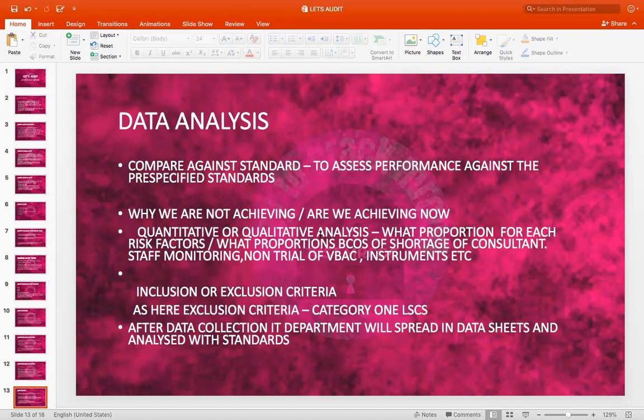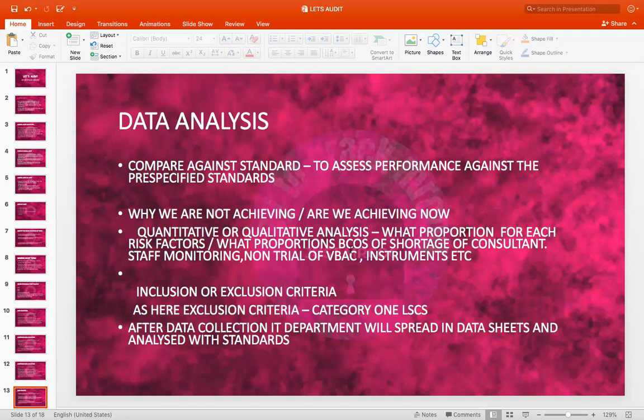It means probably the trainee, ST3 or ST4, was not trained enough to perform fetal scalp stimulation or fetal blood sampling. Quantitative is for pathological CTG, we performed 10 cesareans. Qualitative is that for pathological CTG, we did not perform FBS and FSS because the trainee was not confident about it.